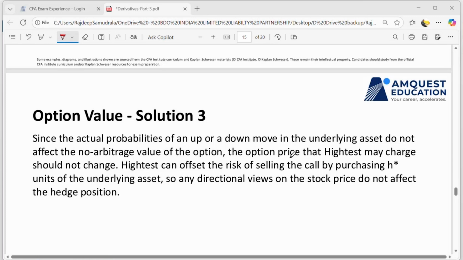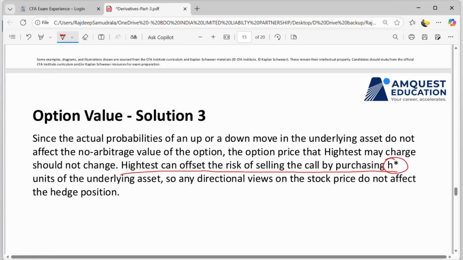Now, the actual probability, you know that it may never really be known, and it will also not affect the value because we are trying to find out the highest price. So probability will always be something lesser than the highest price. And you can always offset the risk of selling the call by purchasing H number of units.